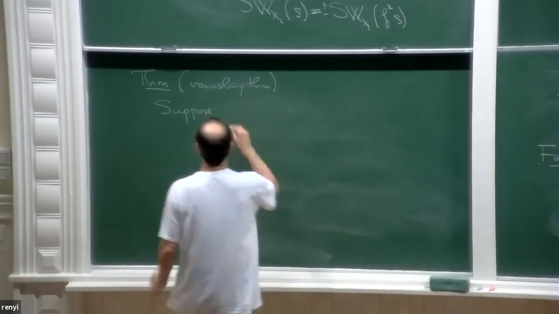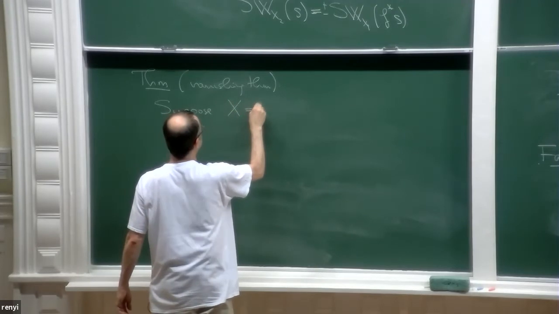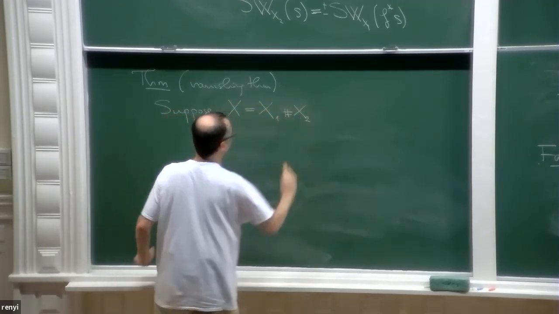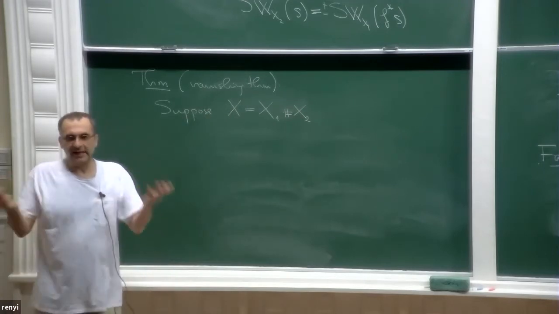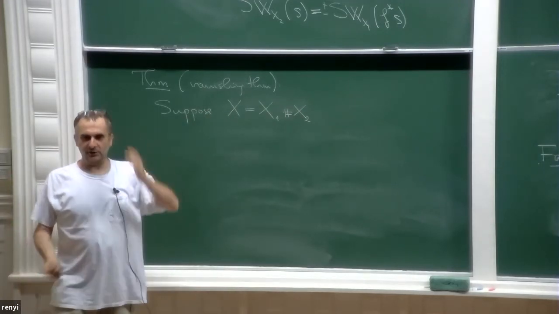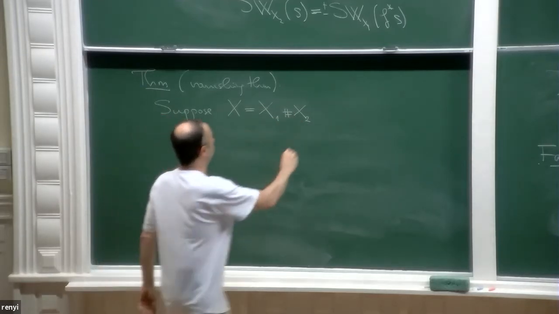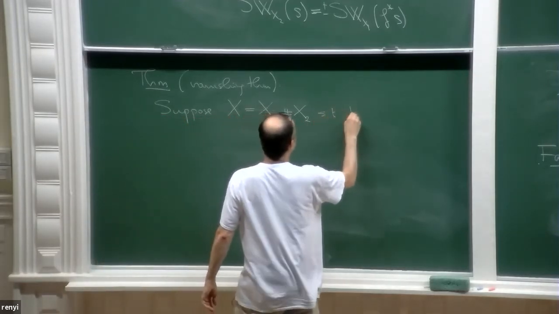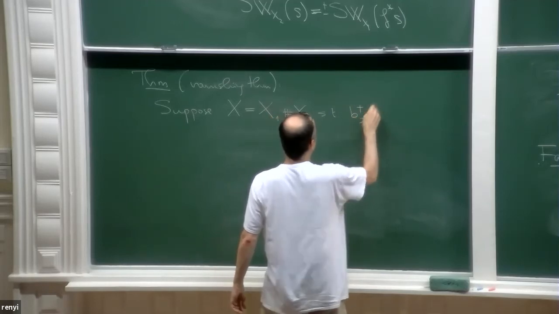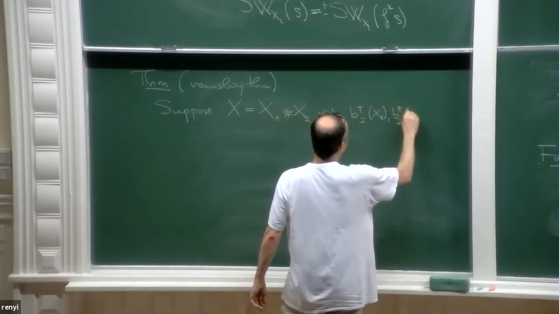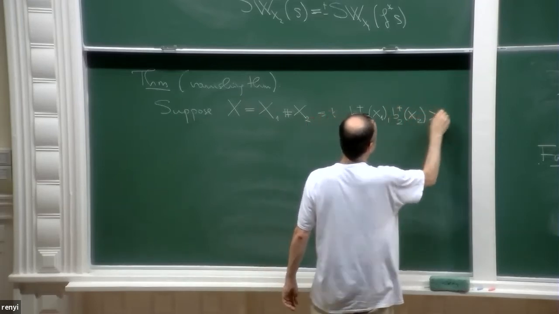So suppose that my four manifold X is a connected sum of two other four manifolds, X1 and X2. That can happen with four manifolds. You know, we have this operation of taking a connected sum, such that the B2 plus invariant of X1 and of X2 are both positive.